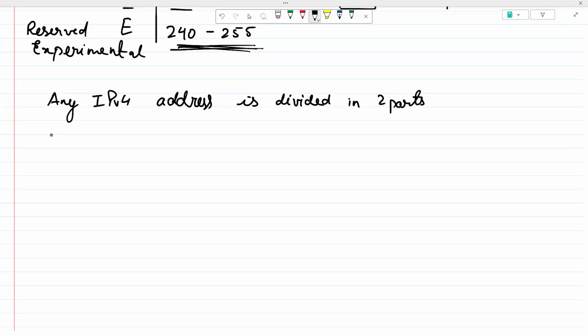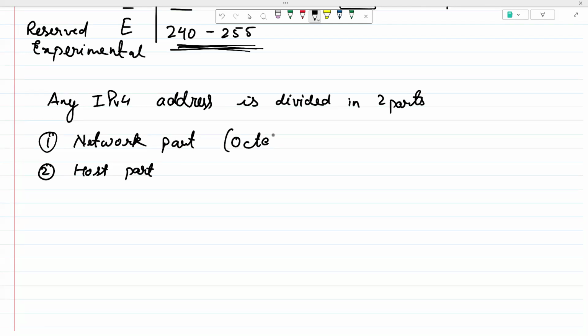The first part is called the network part, and the second part is called the host part. We can also call these the network octet and the host octet.